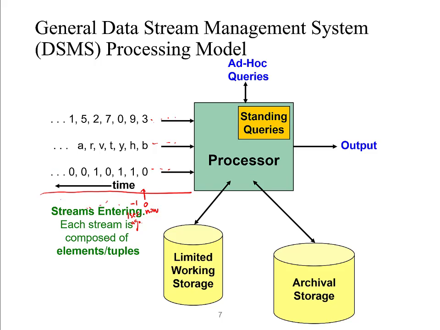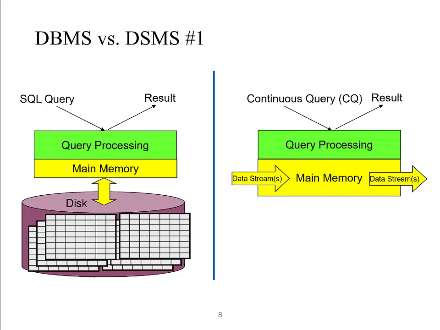So the processor takes the data streams as input. What it has is a limited working storage and achievable storage. And it will generate the output, which is the answer to the queries. So there are several differences between DBMS and DSMS.